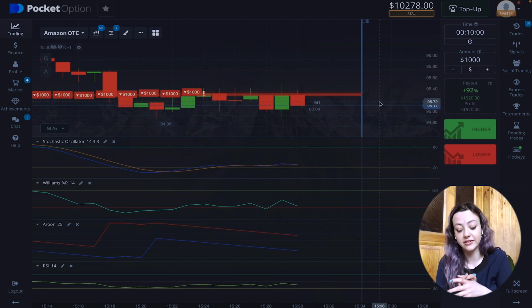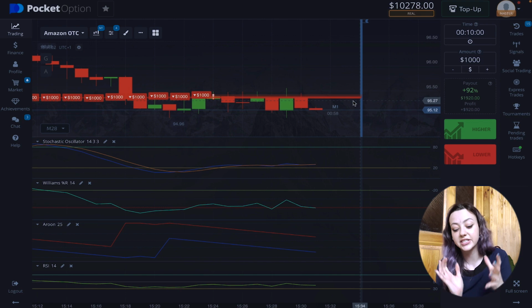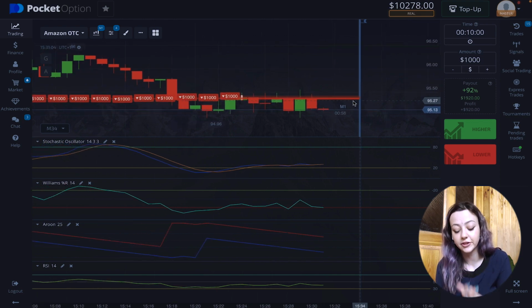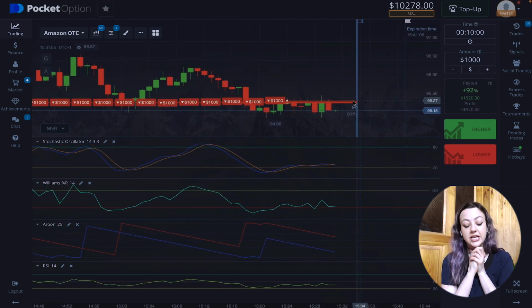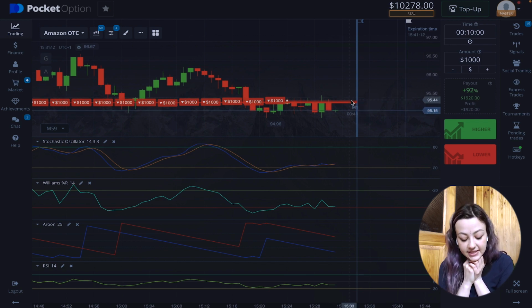But I hope that the graph won't let us down, and it will take its correct direction. It will confirm our pattern and my suggestion, and I hope that it will work out. Still 95 and 1.